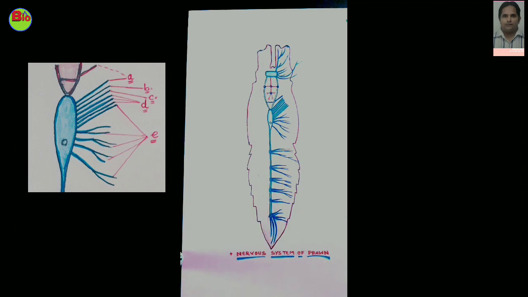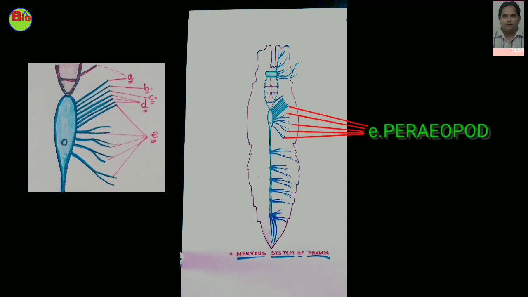Then a pair of maxillulary nerves for maxillules, and a pair of maxillary nerves for maxillae, and three pairs of maxillipedes and five pairs of pereiopod nerves for the walking legs.